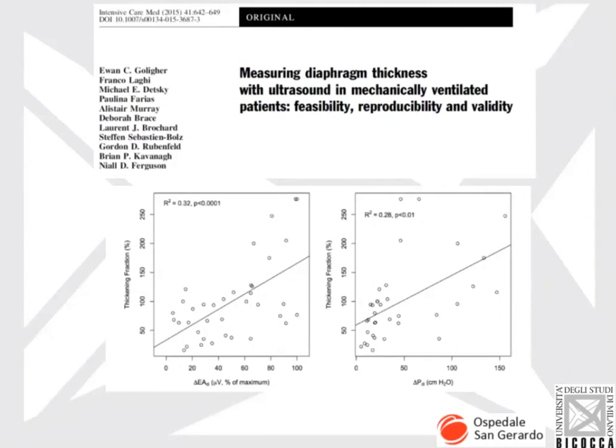So the higher the thickening fraction, which is exactly the percentage by which the diaphragm becomes thicker, the greater is the effort that the diaphragm is generating, both in terms of pressure here and in terms of electrical activity. Clearly, there is some dispersion because there are many other factors in place, but the idea here is that you can have a glimpse at the bedside of how hard the diaphragm of your patient is working.